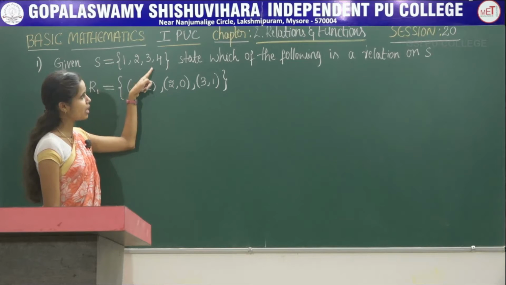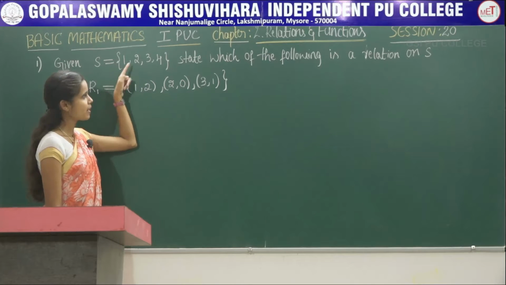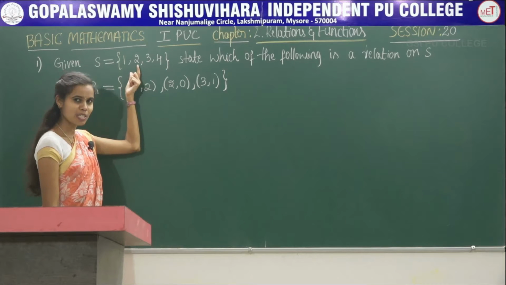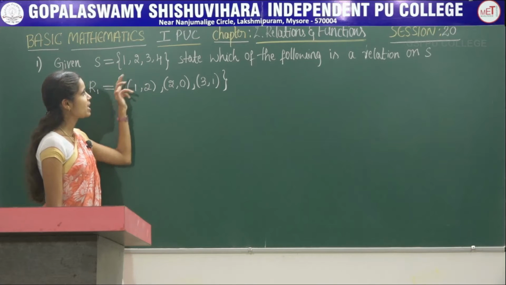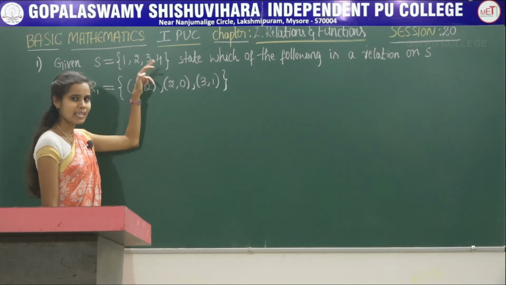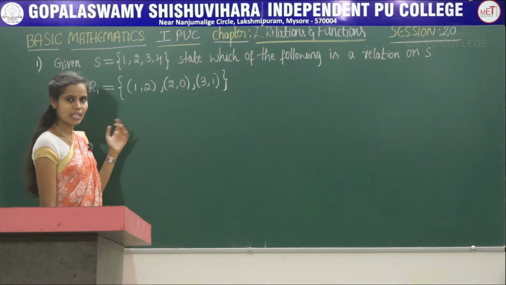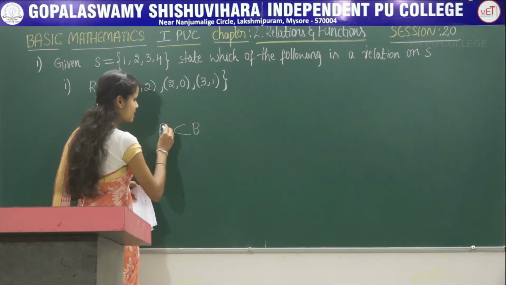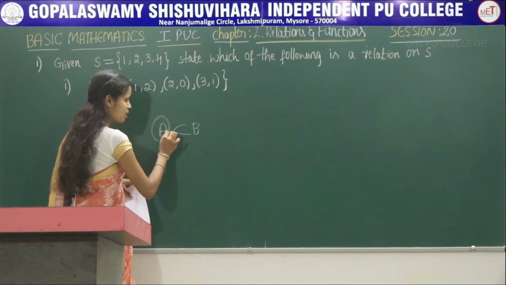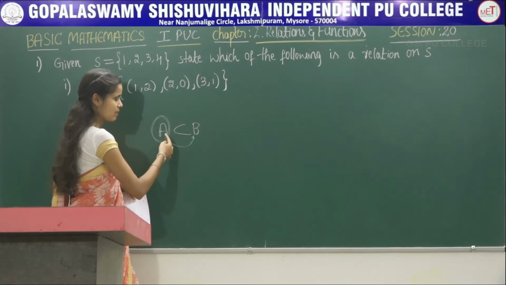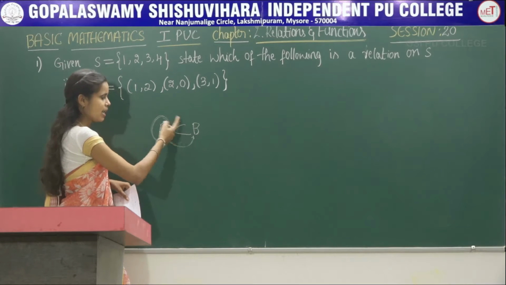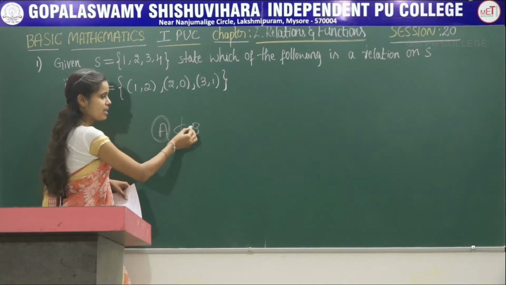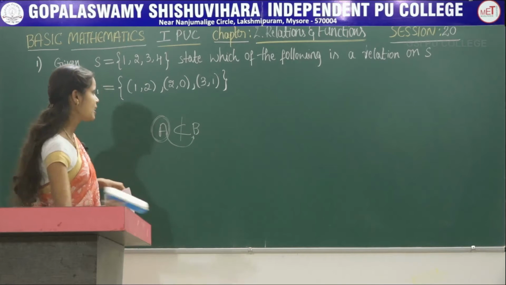Here the relation is defined from S to S. If we want to say R1 is a relation on S, it must satisfy the condition that R1 is a subset of S cross S. A is a subset of B means each and every element of A is also an element of B; otherwise A is not a subset of B. If at least one element of A is not an element of B, then it is not a subset.